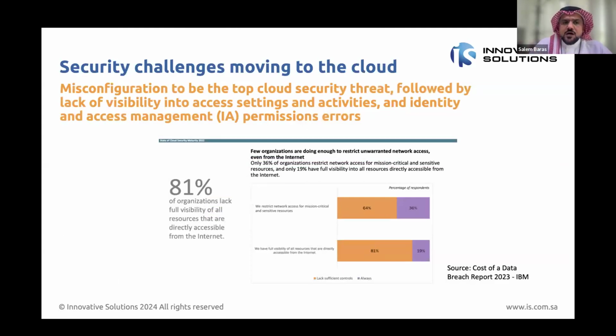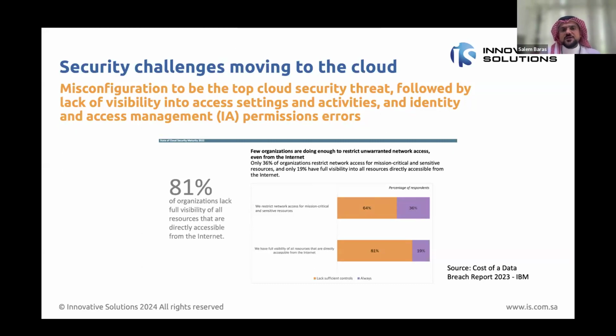Another report, the Cloud Security Maturity report, shows that 81% of organizations lack visibility of the environment. And for us, the security and IT people in this industry, we have known for a long time that you cannot protect what you don't see, and you cannot defend and control things that you don't have visibility of.